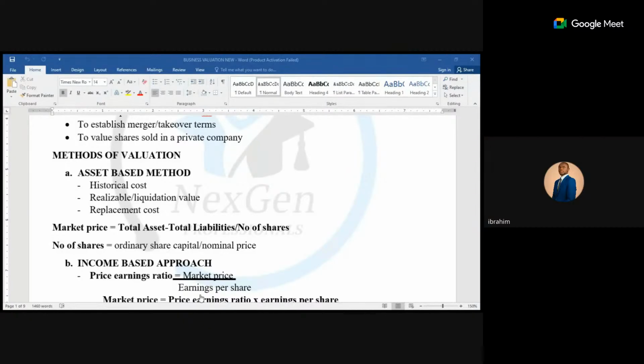Financial management or strategic financial management or PM or whichever course is not difficult. What you need to do is to understand the principle. The principle is the rule of the game. So once you understand the principle, when you're given a question, you look at it, you start to look for the principle behind that topic.